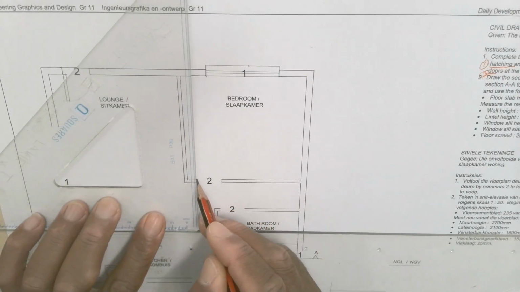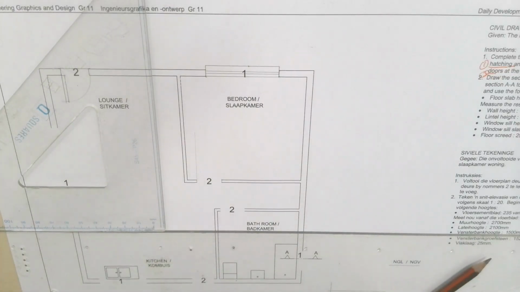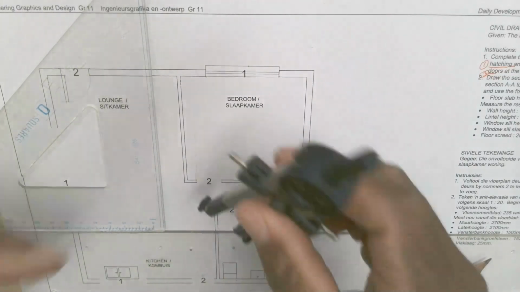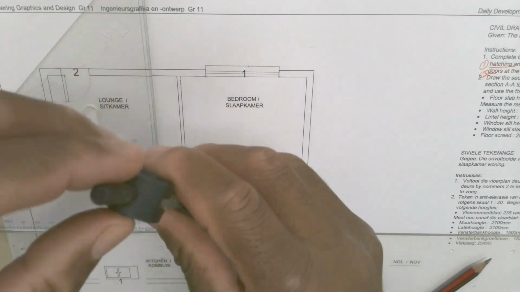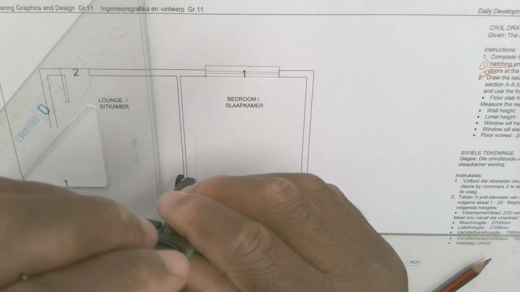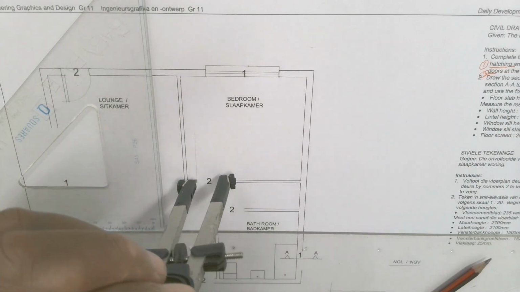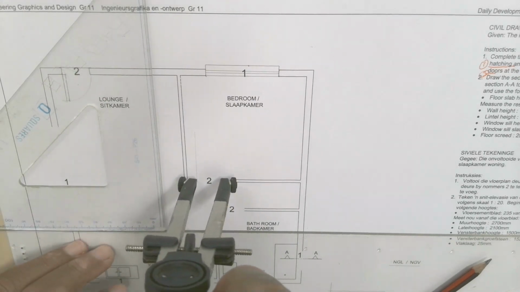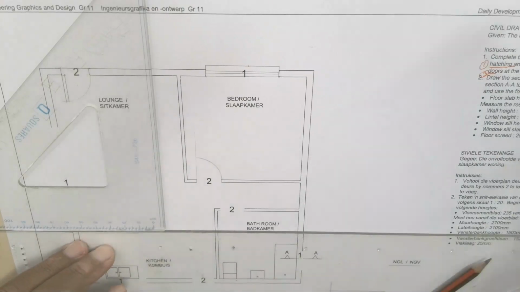We can simultaneously construct a construction line there. Then place your compass on where you want your door to swing and open it to the end there. Then we can get your door swing. This is known as a door swing.